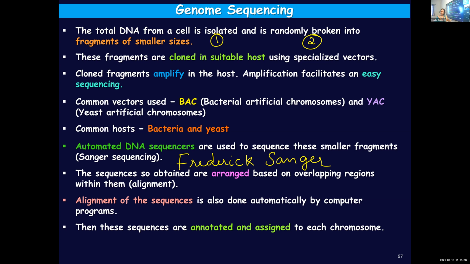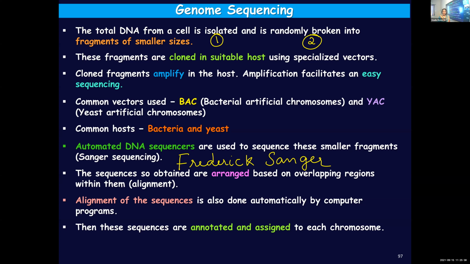Amplification means making several copies. This amplification is necessary because if it is just a small fragment, scientists will find it difficult to carry out studies because they have just one. When several copies are made, it is easy. It will facilitate the sequencing process. And the common vectors used are BAC and YAC, and the host organisms used were bacteria and yeast.